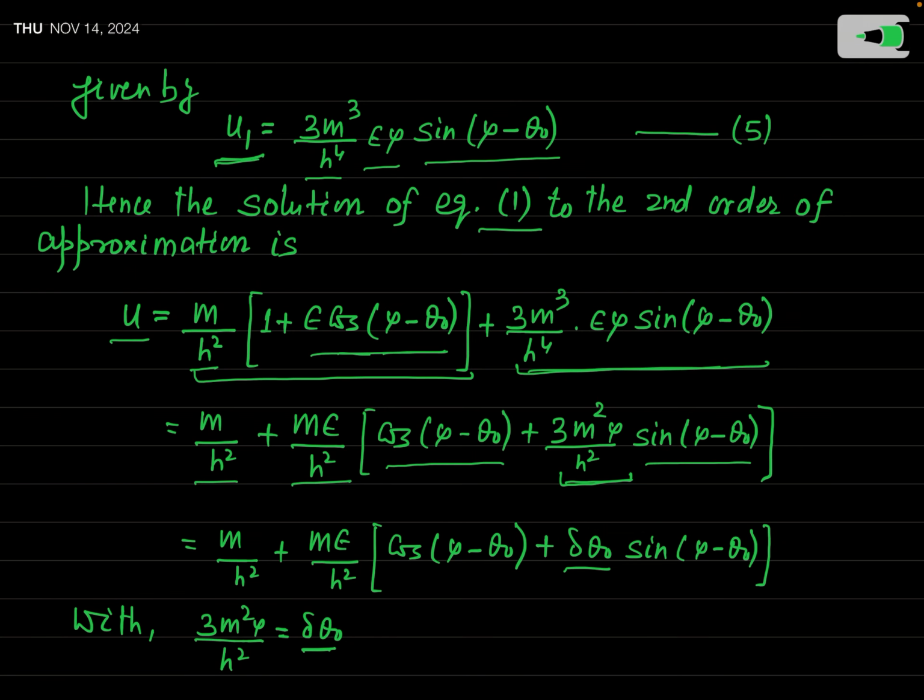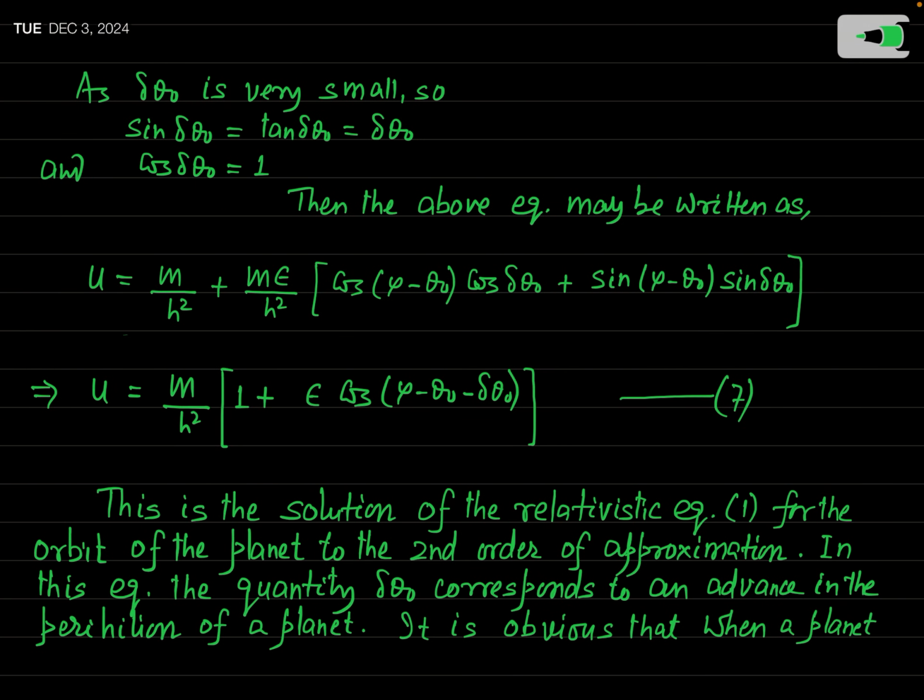And since it is very small, you know that when theta is very small, sine theta and tan theta both are equal to theta. We have studied this in the limit theory in calculus. So since delta theta naught is very small, you can take sine delta theta naught equal to tan delta theta naught, and both are equal to delta theta. And in this limiting condition, you also know that cos delta theta naught is equal to 1.